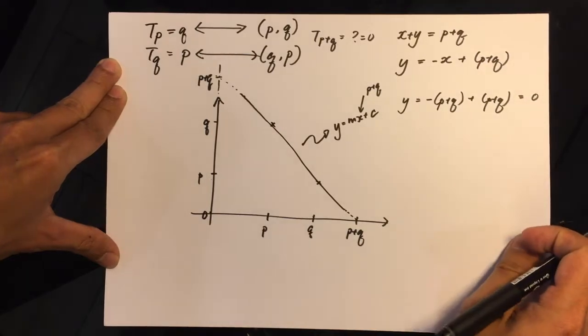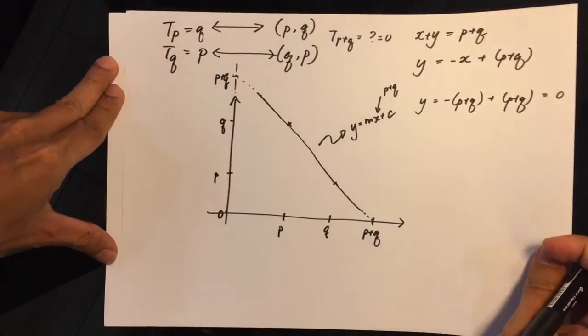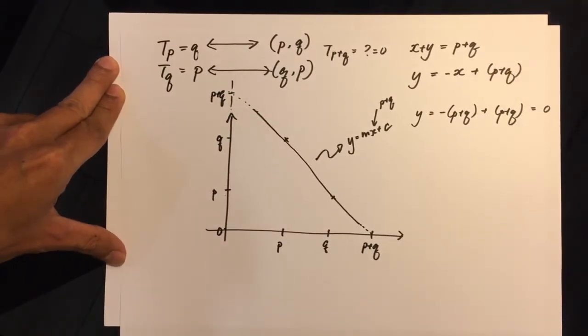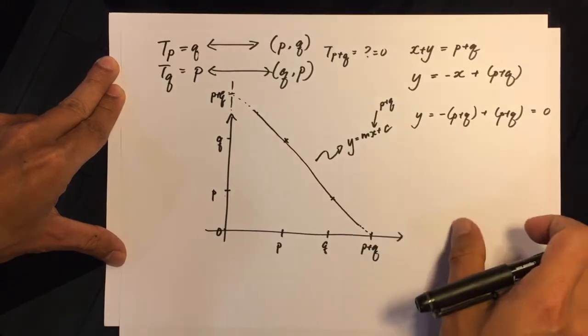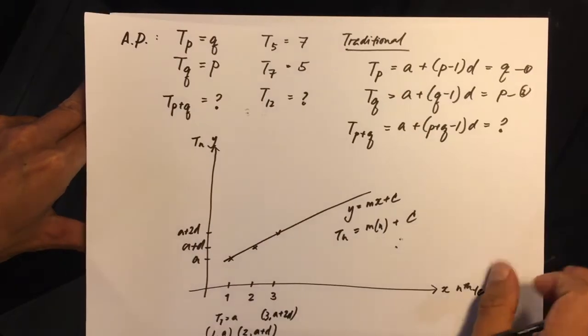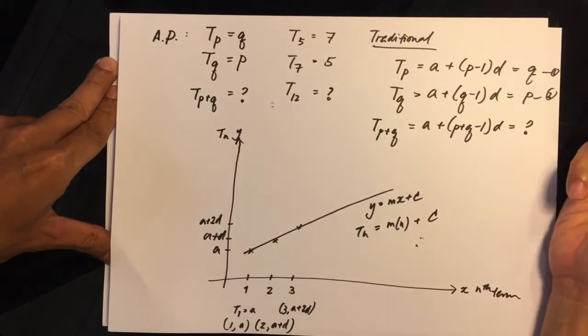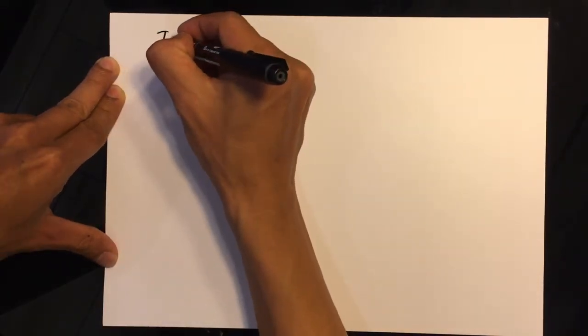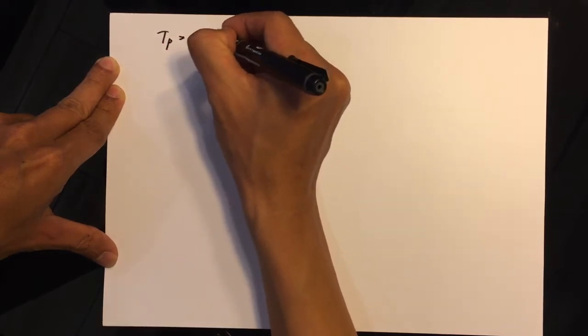I hope that's something that you can use in your exercises. Just as a recap, you might want to have a look at the traditional way of solving the problem, just to show you how much easier this method is.